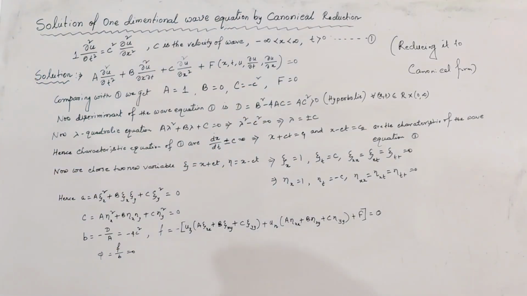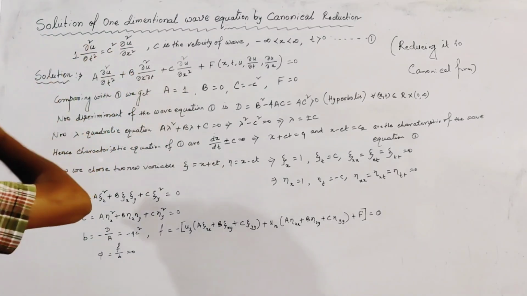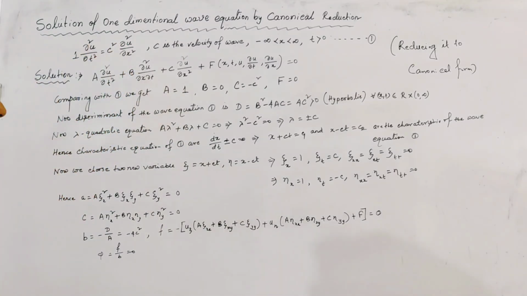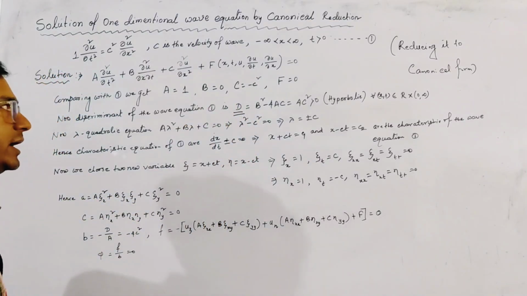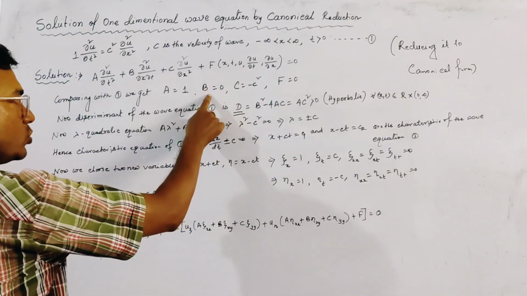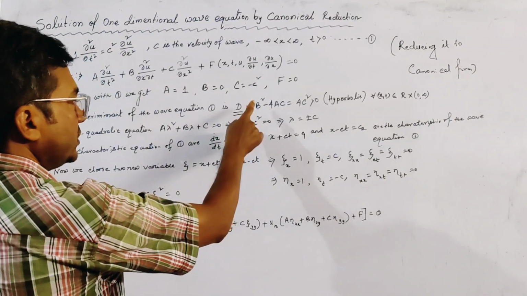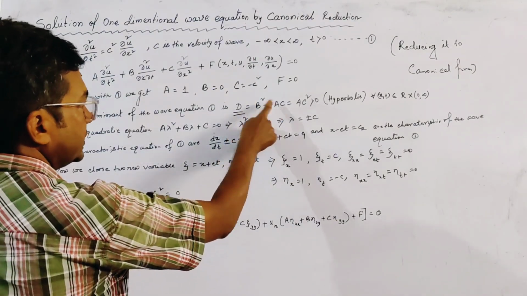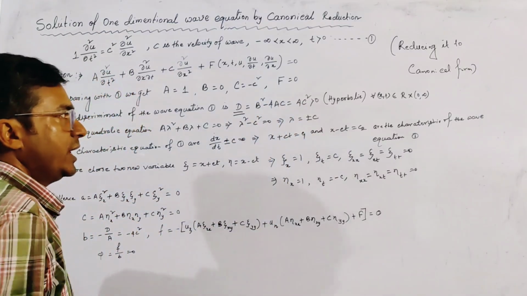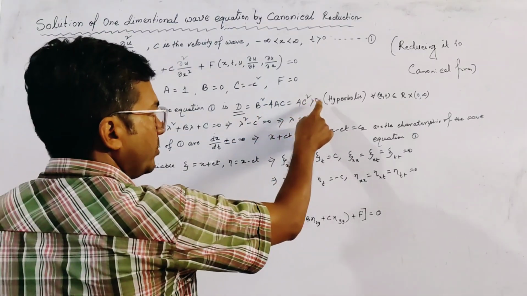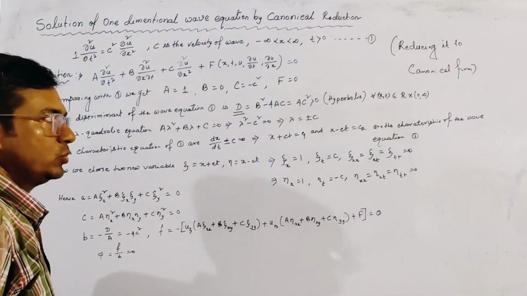Now we find the discriminant of equation 1. Discriminant is denoted by capital D, and this is nothing but b² minus 4ac. By putting the values of b, a and c, the discriminant is 4c². And 4c² is obviously greater than 0 because c is not equal to 0.